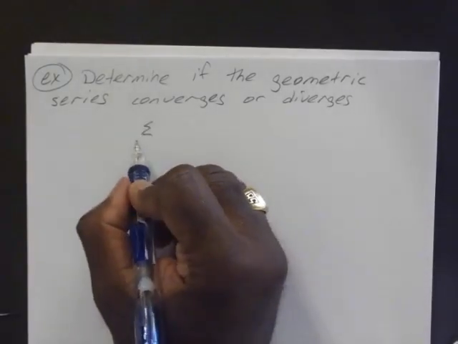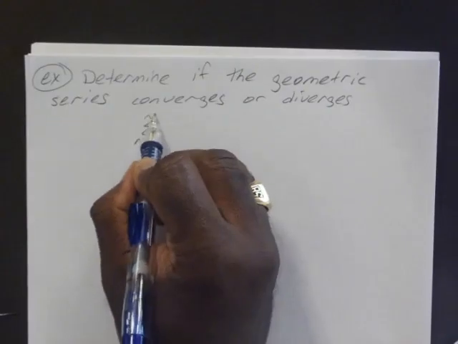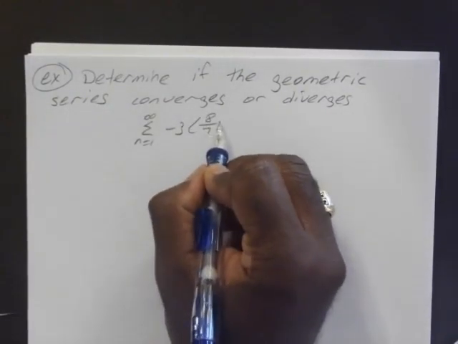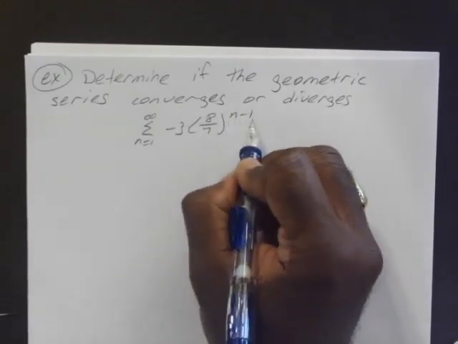And that series is the sum from n equals 1 to infinity of -3 times 8/7 to the power of n minus 1.